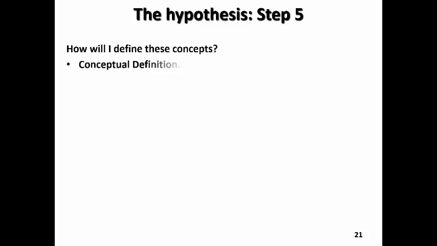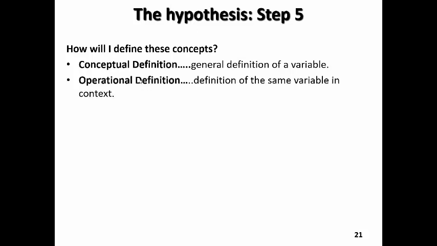And so how can these concepts be defined? There's what's called a conceptual definition. And when we think about a conceptual definition, it refers to the general definition of a variable. That's different from an operational definition. So when you think about a conceptual definition, this is a definition that is used in everyday life.